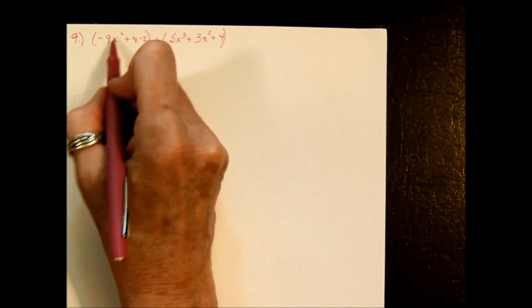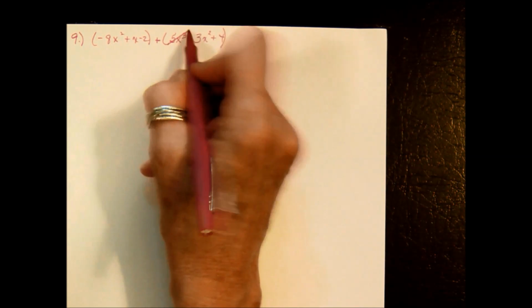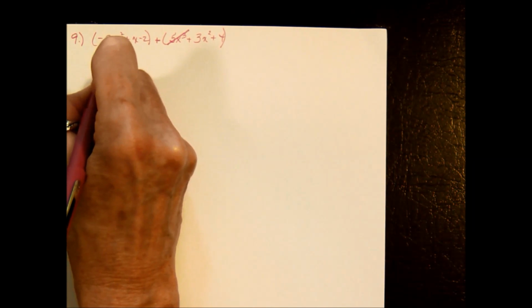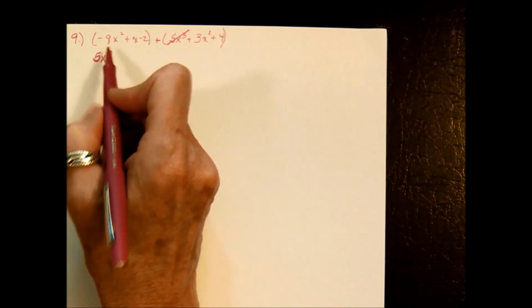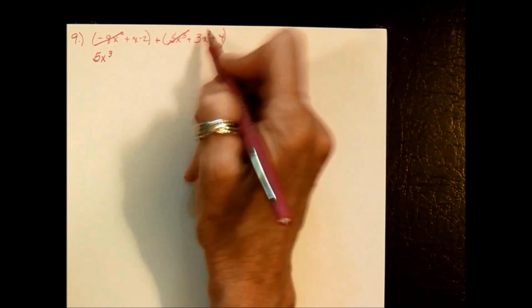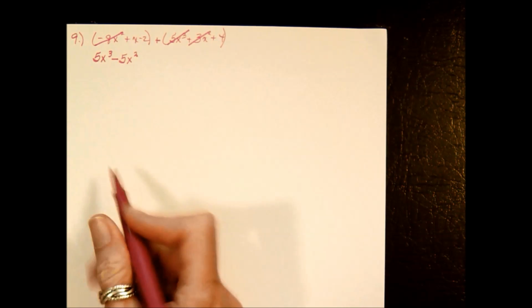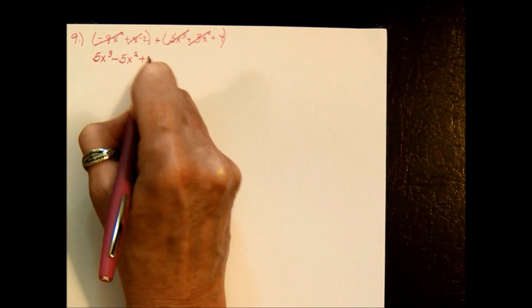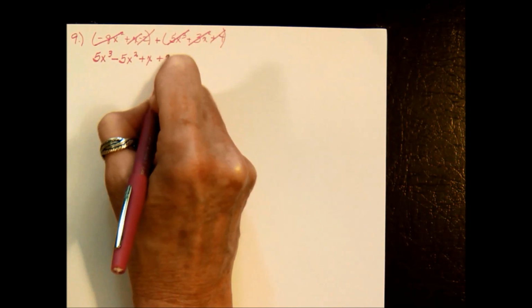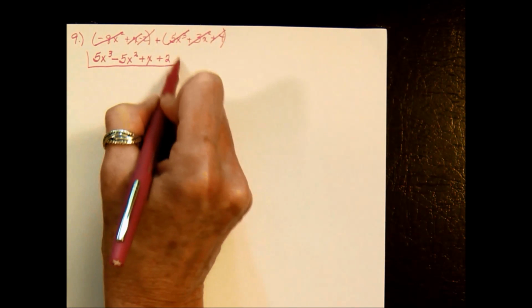So I'm going to start with the highest exponent, 5x cubed. There's not another one, so I cross it off and just write it. Here I have a -8x squared, positive 3x squared. That's -5x squared. Notice I crossed them off as I used them. Here I have an x. It has nothing to go with, so I'm just going to include it. And then -2 and positive 4 is positive 2.